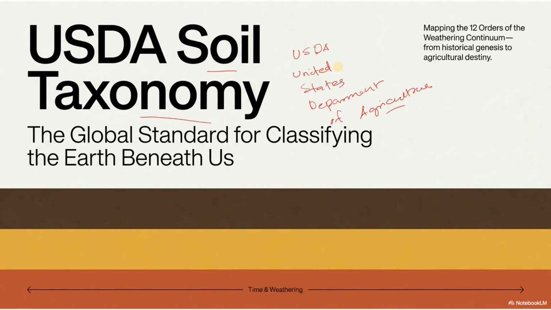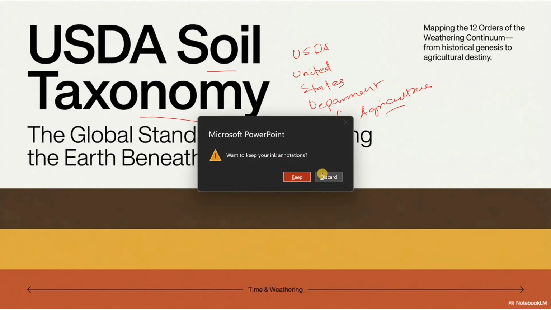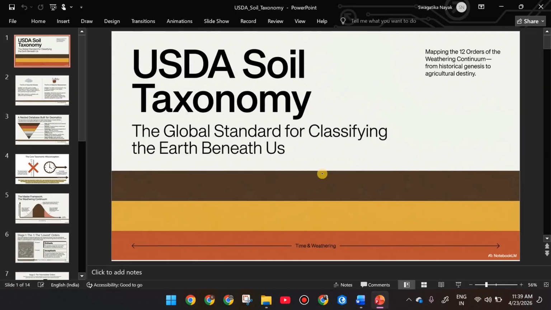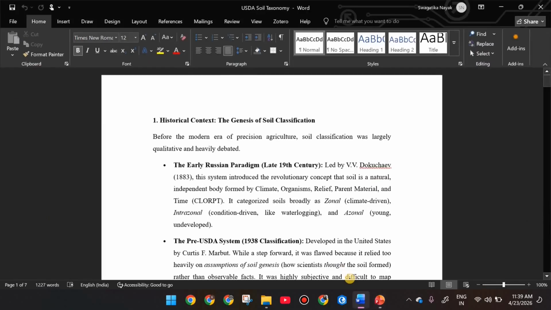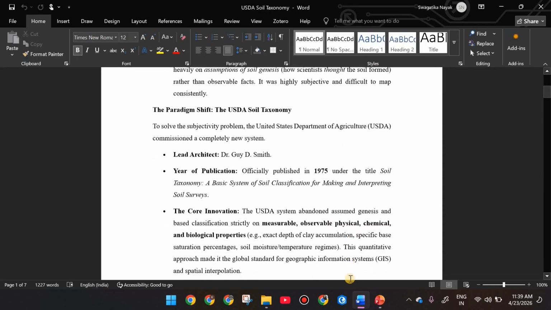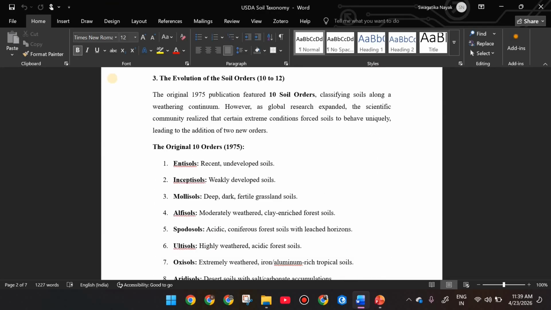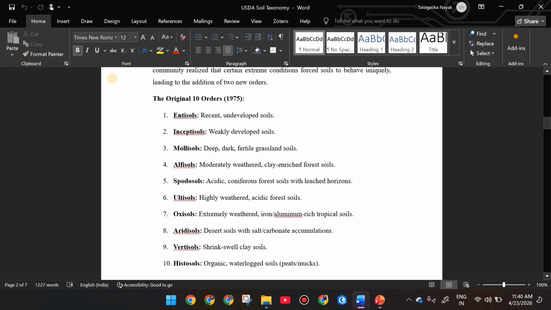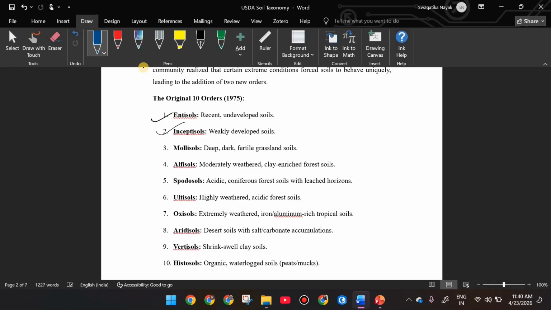So now let's see the soil taxonomy that we are going to study. Here we have the orders of soil that are Entisol, Inceptisols, Mollisols, Alfisols, Spodosols, Ultisols, Oxisol, Aridisol, Vertisol, Histosol.